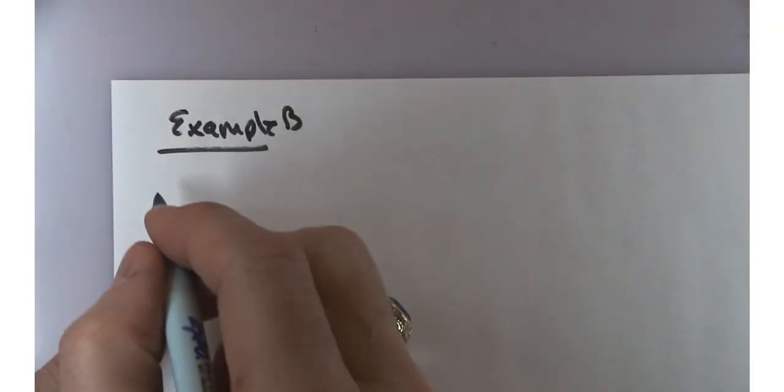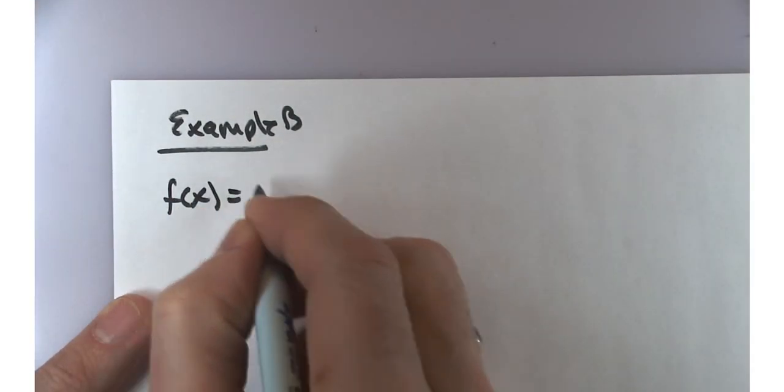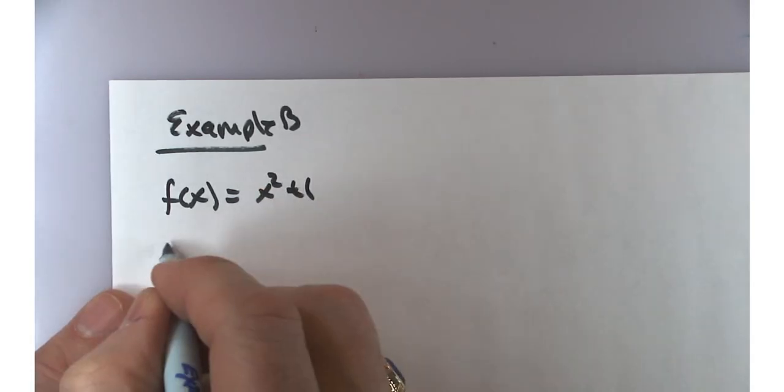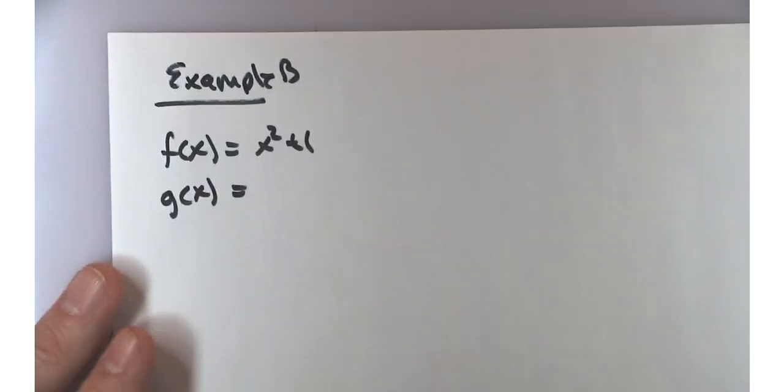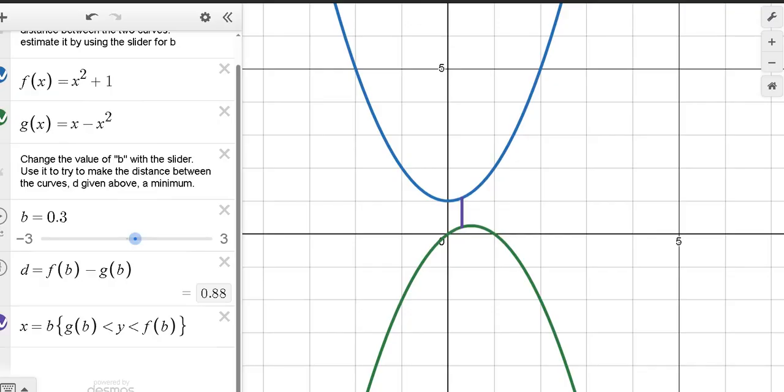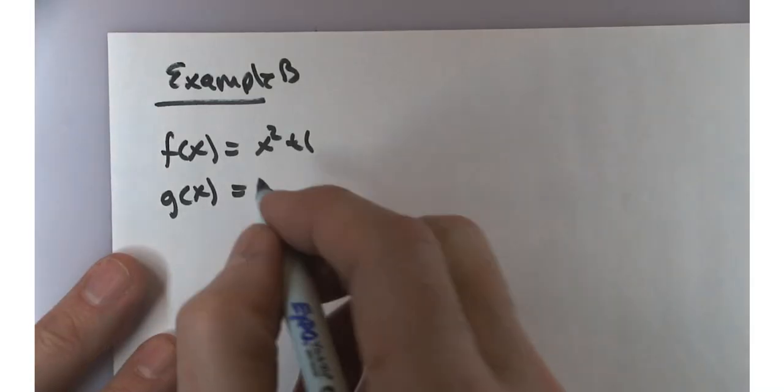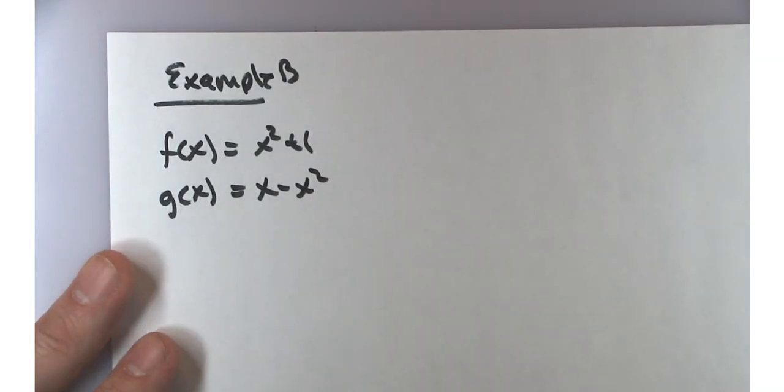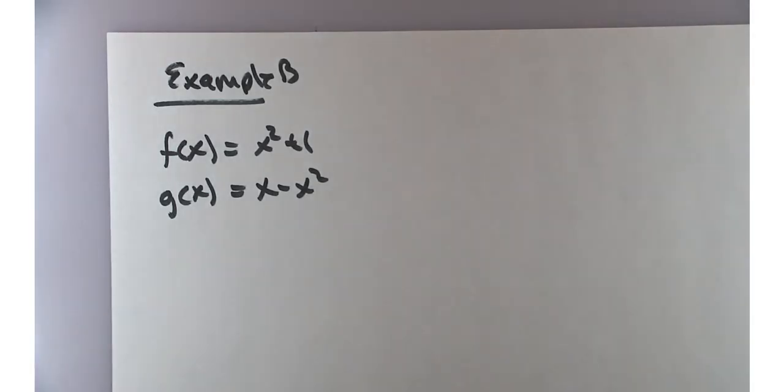So we've got f of x is x squared plus 1. g of x is what? x minus x squared? Yes, thank you. x minus x squared. So graphically speaking, we've got two parabolas that face away from each other.